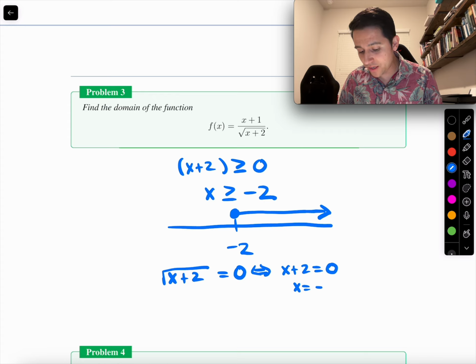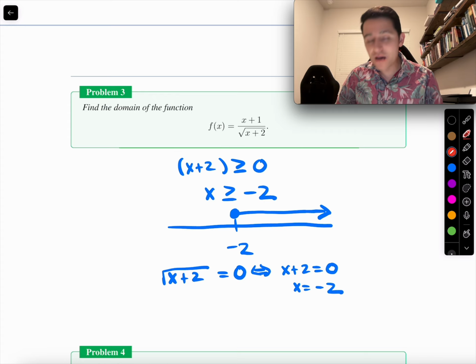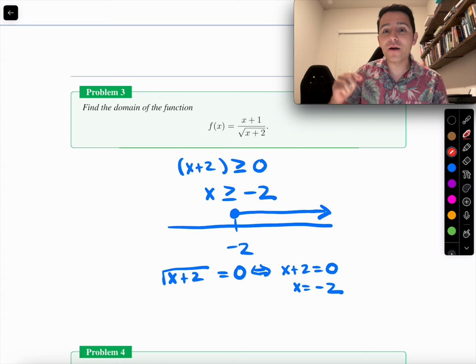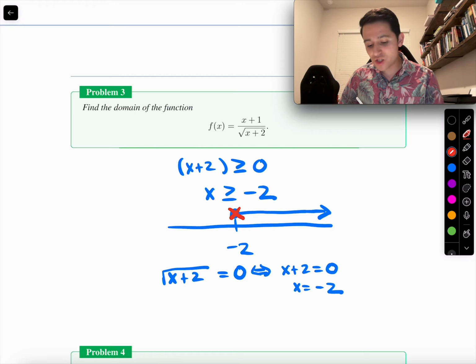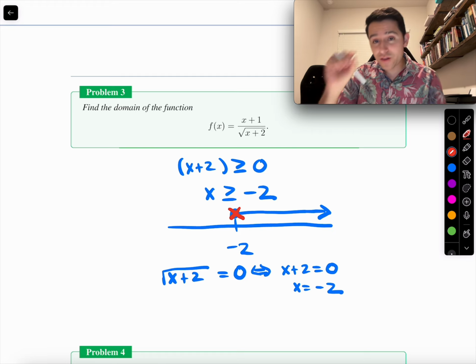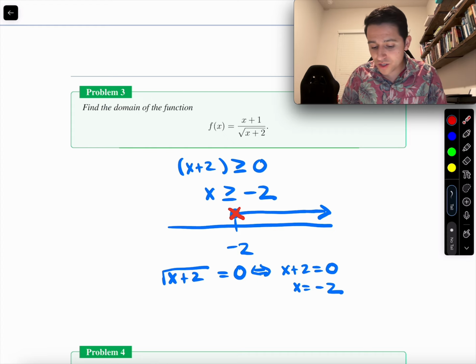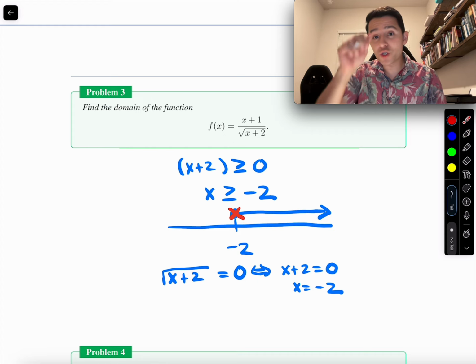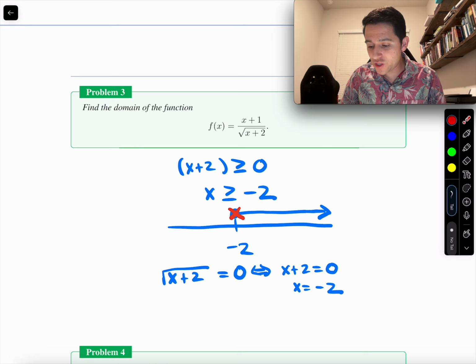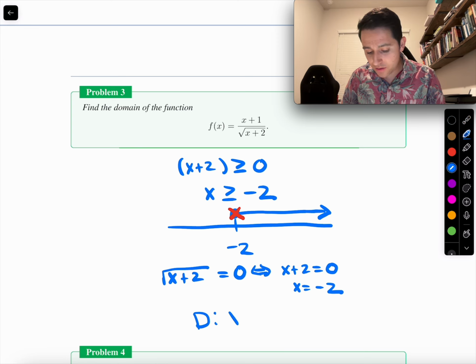X is -2. That's the number that I need to exclude. So I go back up to my number line and remove this number, if it's within this collection of numbers. And it was. So what is the domain of my function? It's going to be all the numbers that are greater than -2.